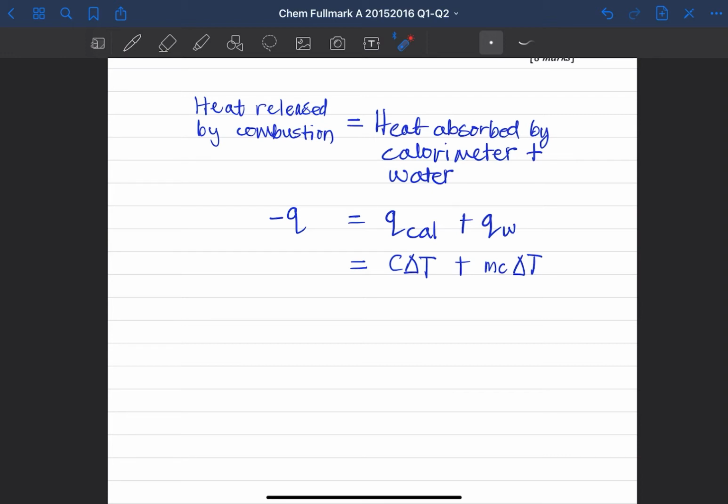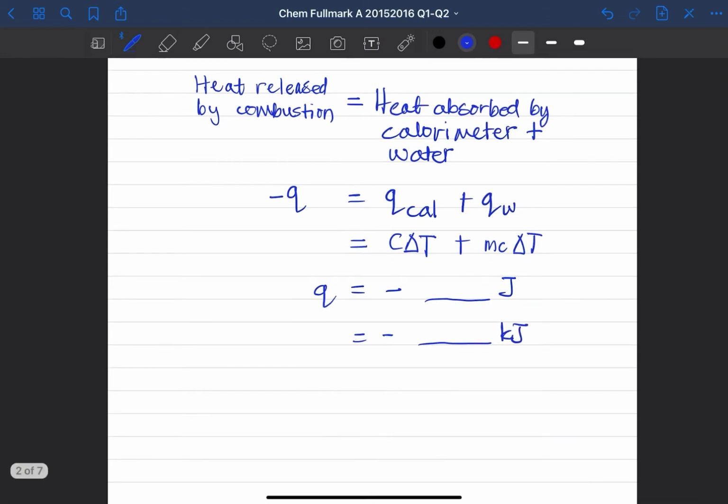So you just substitute the value, and later you will find the answer Q as negative joule, in joule first, and then you convert to negative kilojoule. Okay, next. So now we already have the value of Q release.